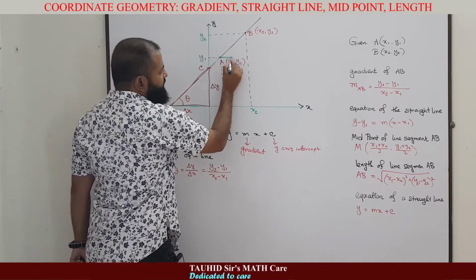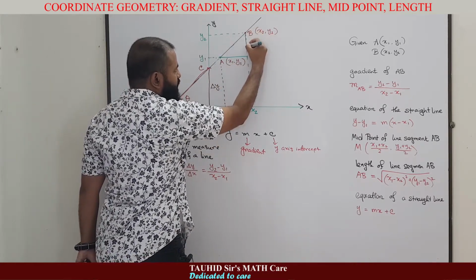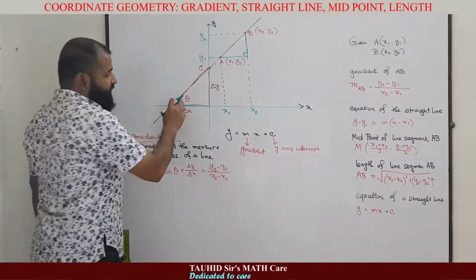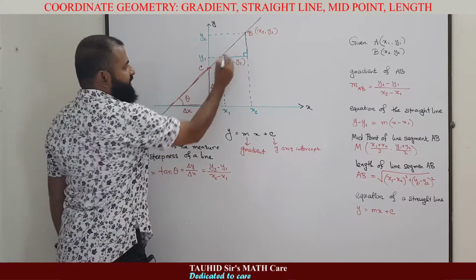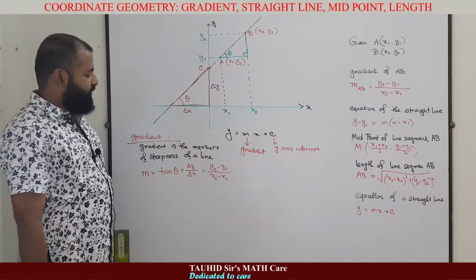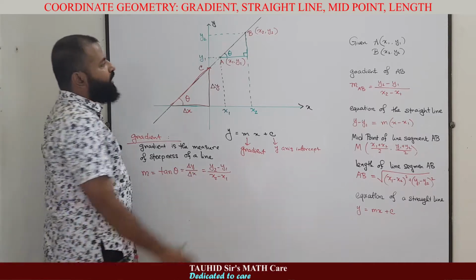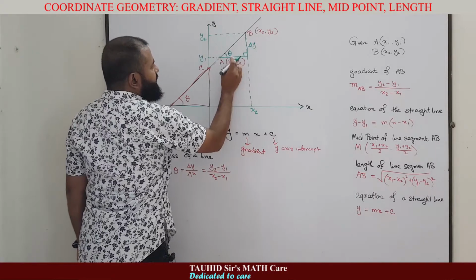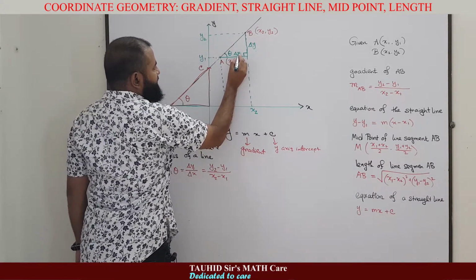Now, if we extend this line and draw a right angle triangle, we notice what? We notice that if the value of this angle is theta, this angle is also theta. Therefore, the value of tan theta will be delta y by delta x. For this triangle, this is delta y and this value is delta x.